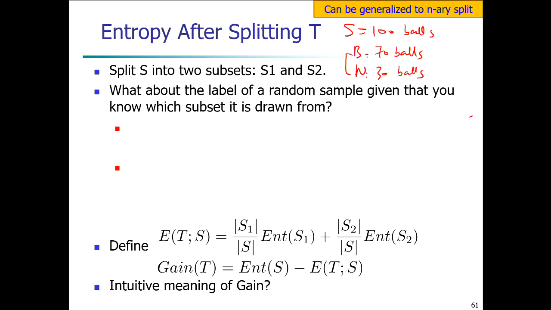If I randomly draw a ball, I will probably predict it's black, because black is 70%. But there is still a 30% chance it's going to be white. You can plug the numbers into the formula to calculate the entropy.